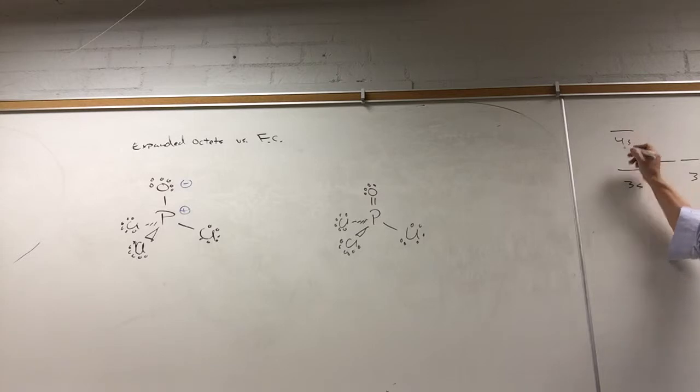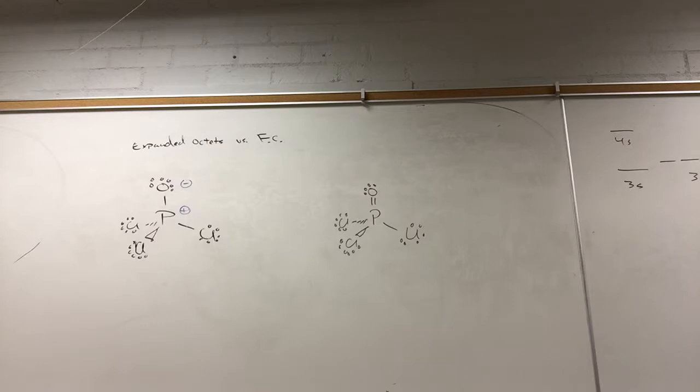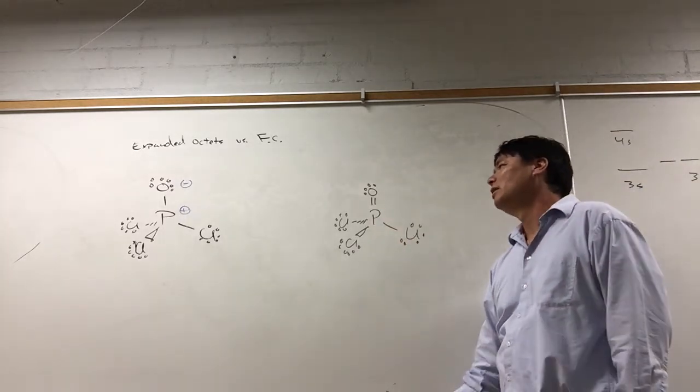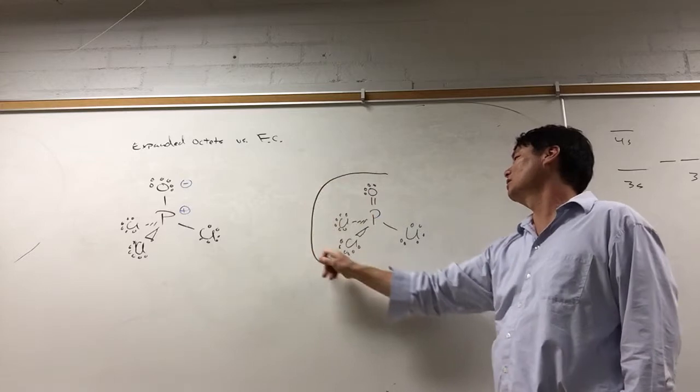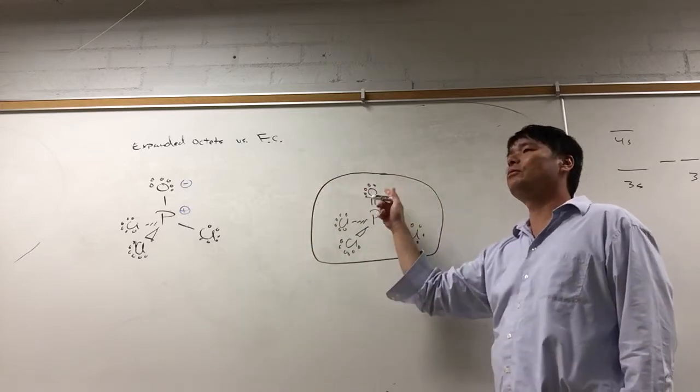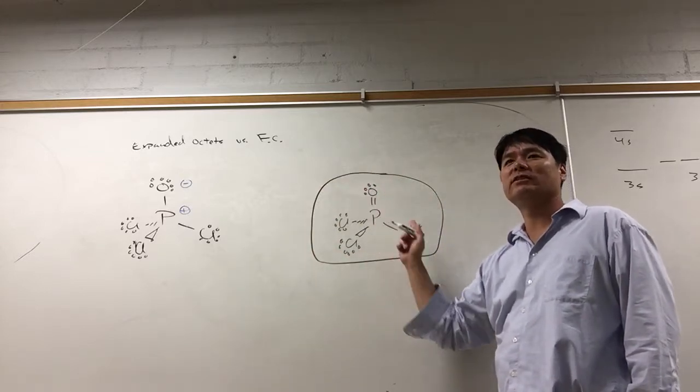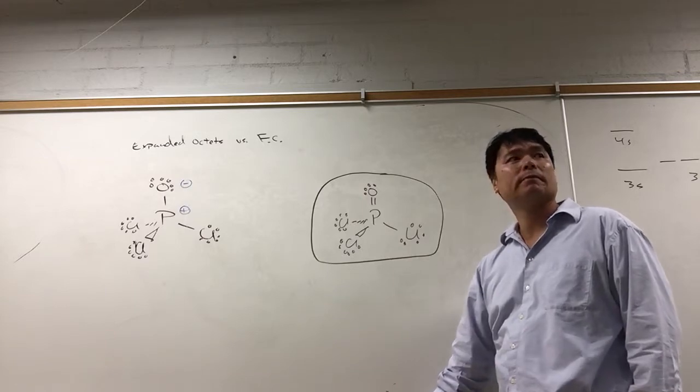We bypass the 4s because it's too far out, and then the 3d are closer. And so if we expand the octet, then we can throw some electrons in 3d and get more than 8 electrons. And so in this case, do we expand it? And so the structure you're going to see most is here, where the formal charges have been minimized, but we've expanded the octet in this case.